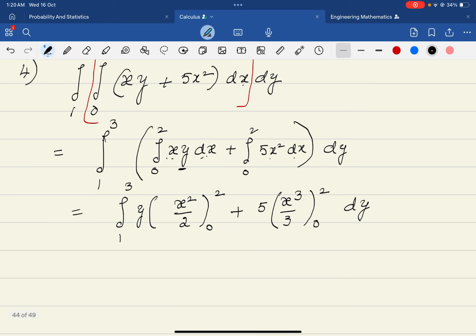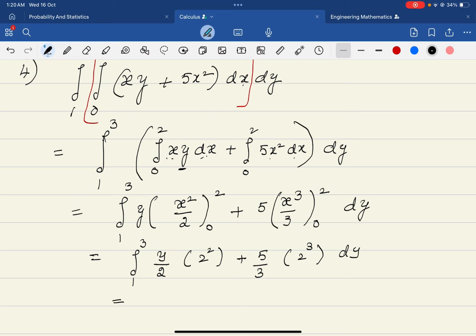This is what you can write. And now that gives you integral 1 to 3 y by 2 outside, upper limit 2 square minus 0, which is 2 square, plus 5 over 3 outside, upper limit 2 cube minus 0, dy.